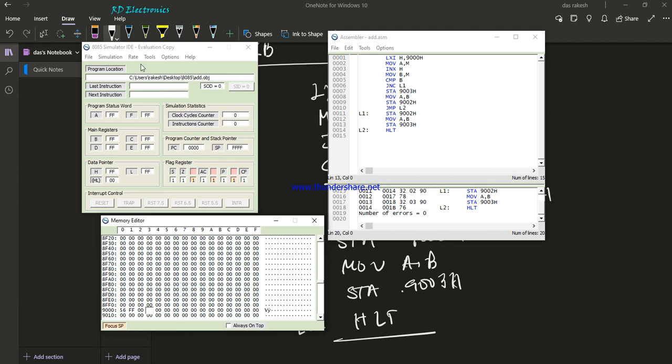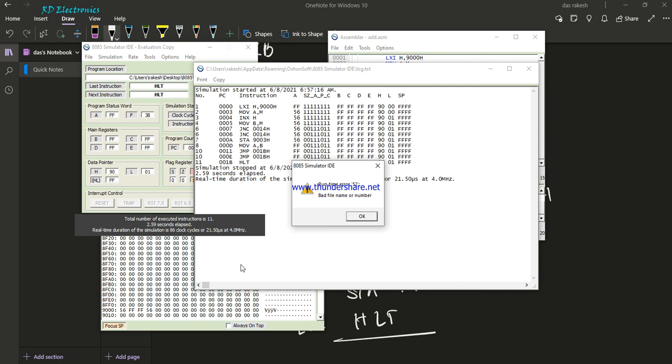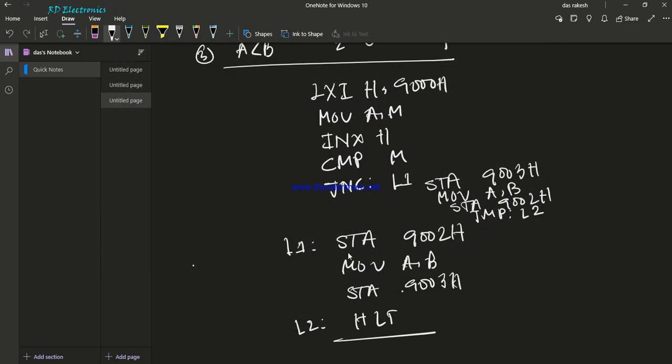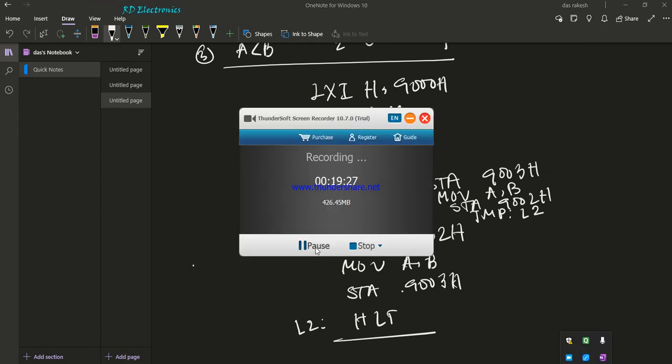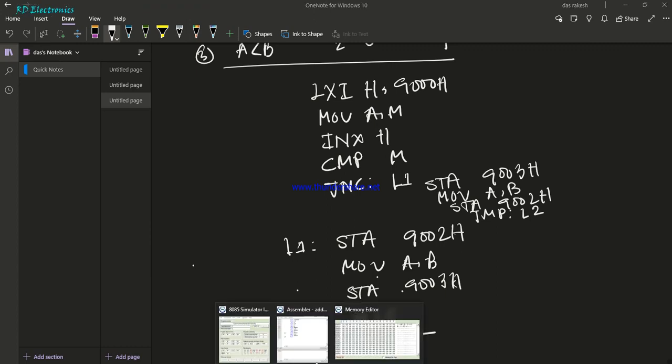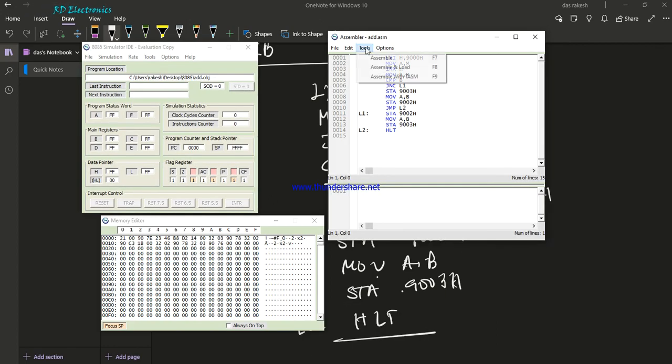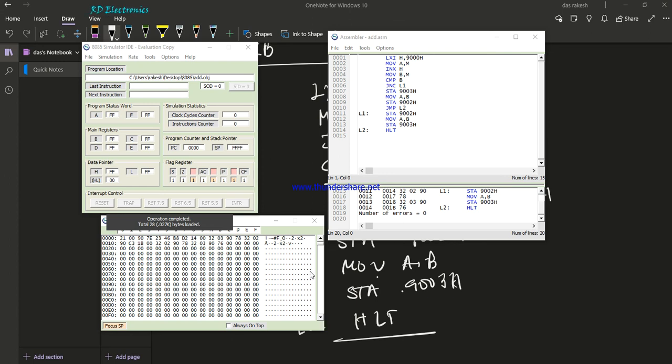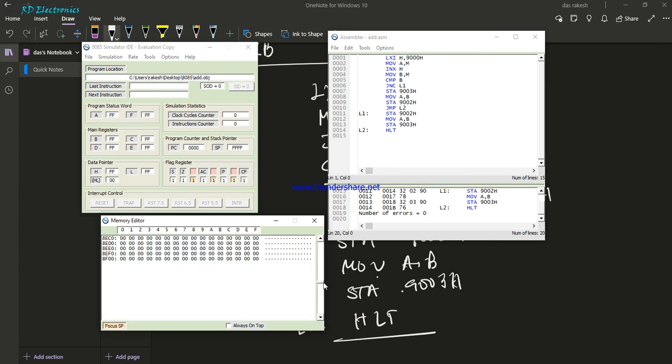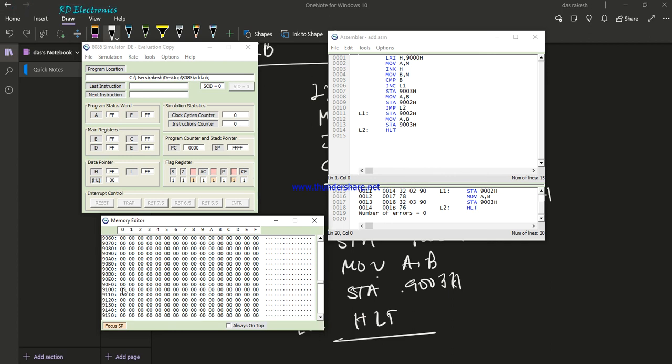Now simulate. Start step by step simulation. Now see that the first number is FF and the second number is 56, so these alternate the position, FF and then 56. Actually the error is generated because we increased one more simulation step, so that's why there is a problem in the software.